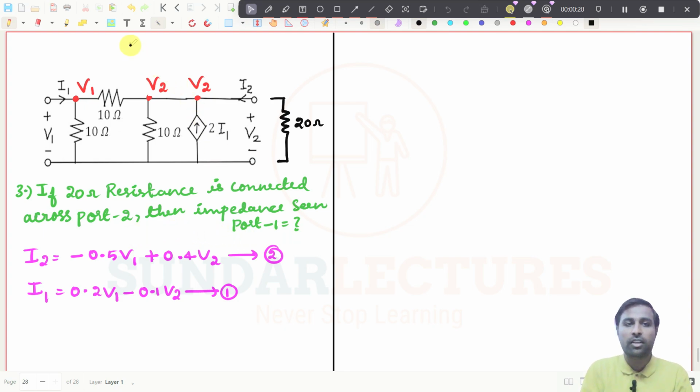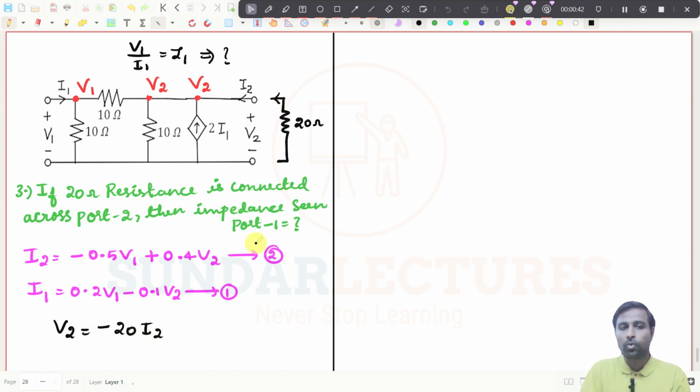So V1 by I1 is nothing but the impedance seen from port 1, and we need to find this value. If this is V2, then you write the expression for V2. So start from this point, go in this way, the current is already going in this way. So it will be minus 20 into I2, right? That's all. We have just completed.